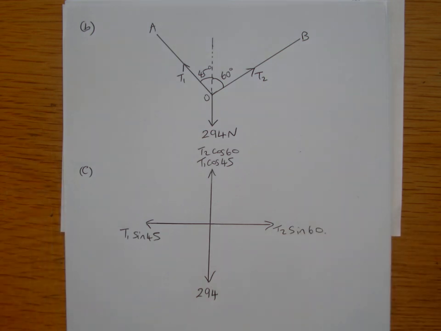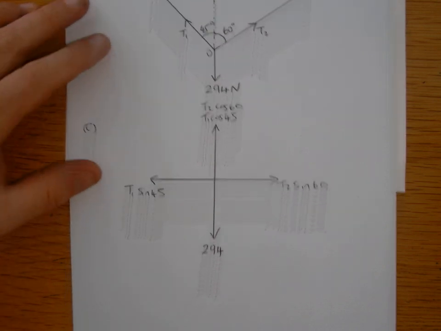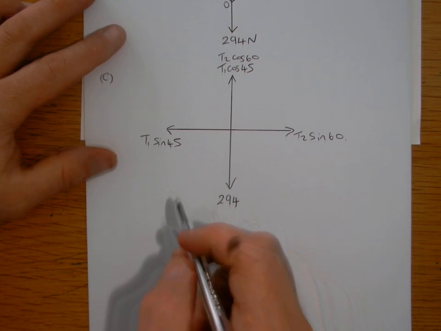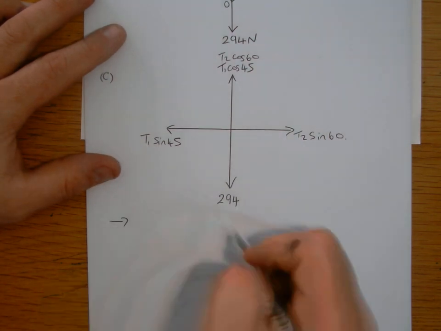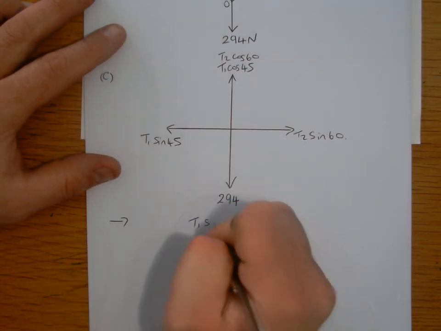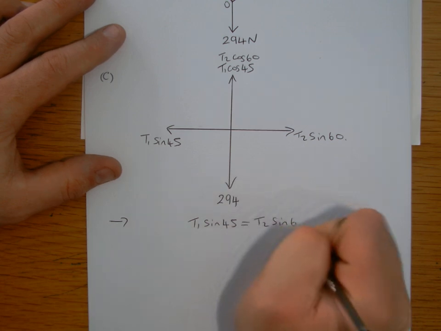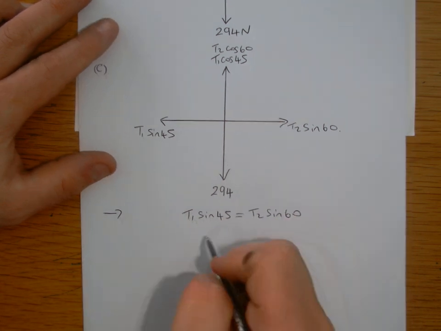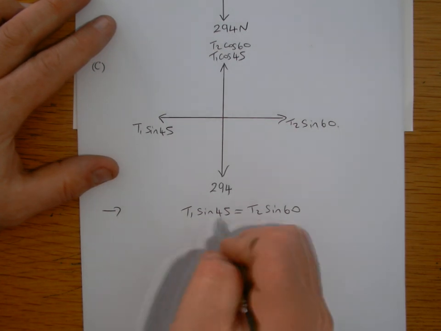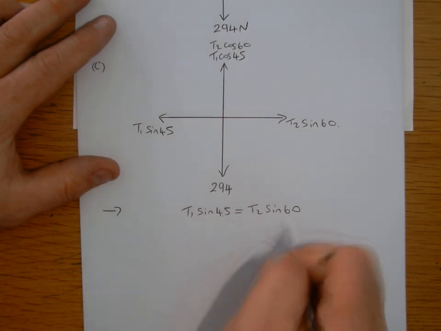Now these are all in equilibrium, they're balanced. So when we resolve, we can resolve horizontally first. We can say that T1 sine 45 is equal to T2 sine 60. Sine 45 is quite nice, sine 60 is nice.